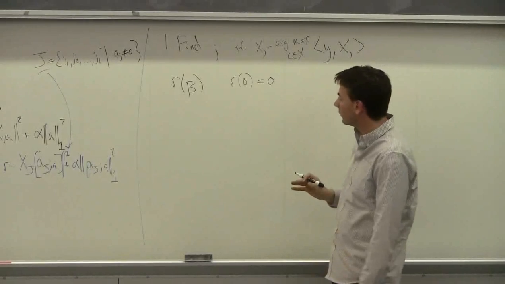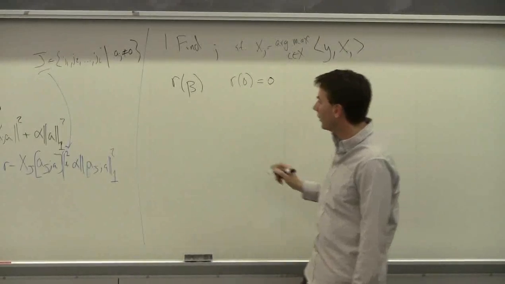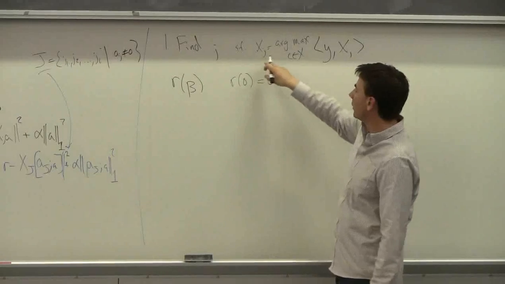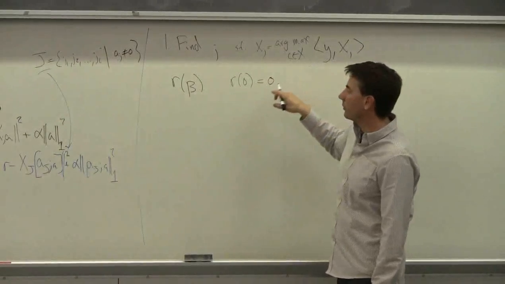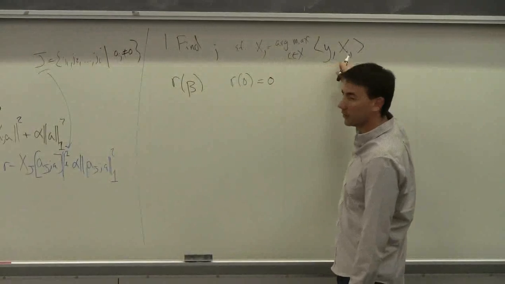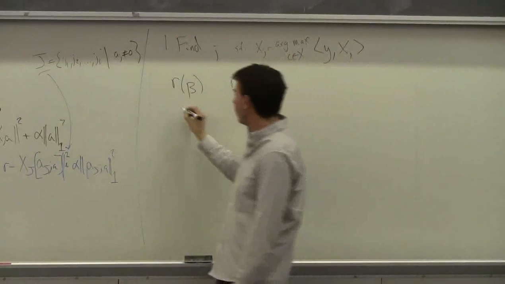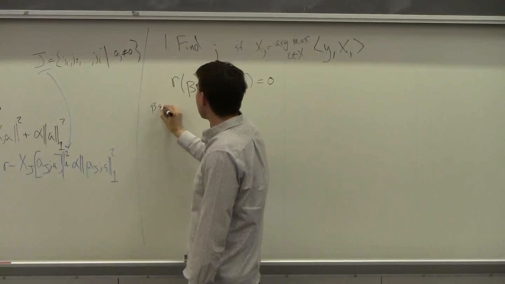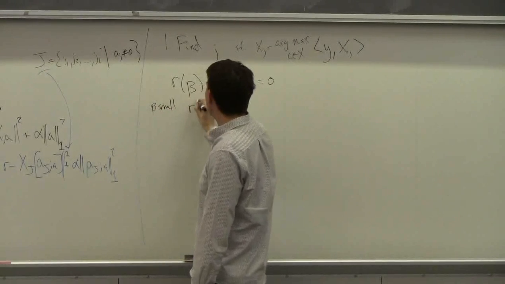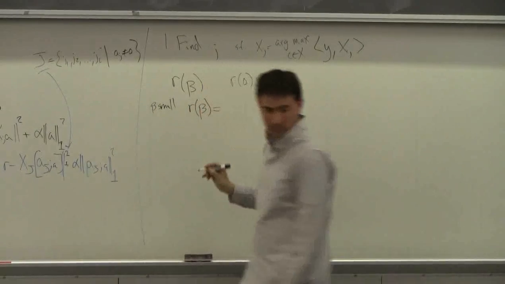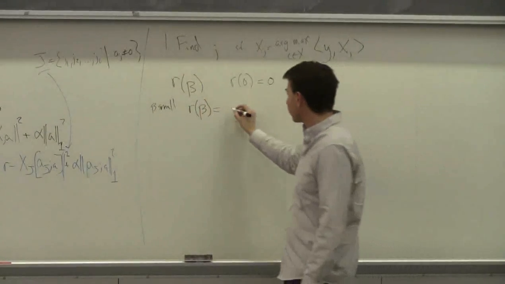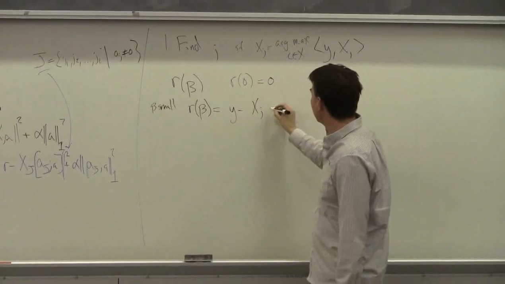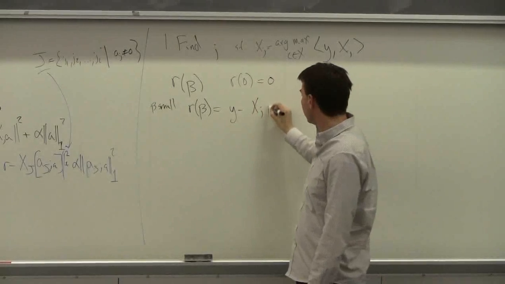So this is not interesting. When beta is small, I'm going to return some coefficient along this vector here. Okay, so when beta is small, then our residual is going to be equal to y minus xj times beta.